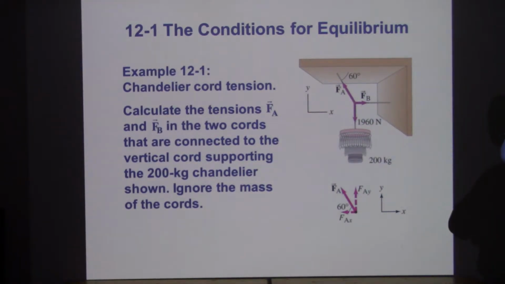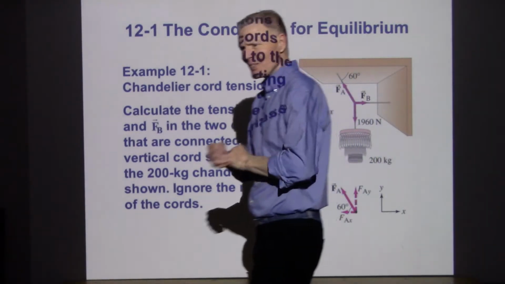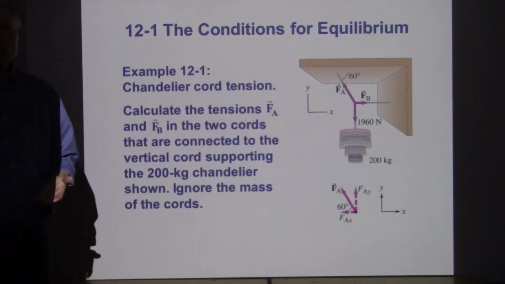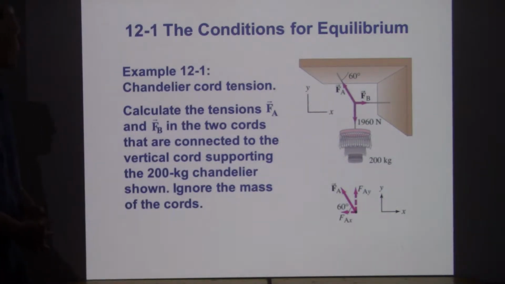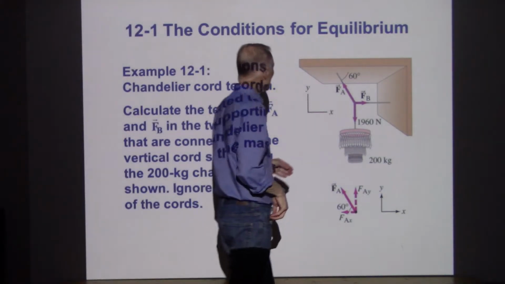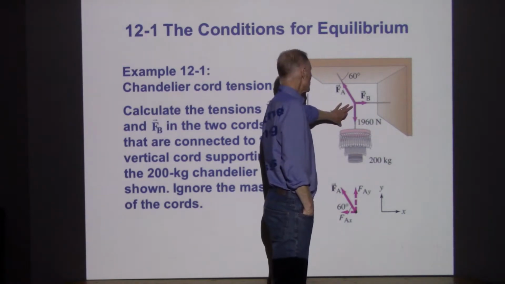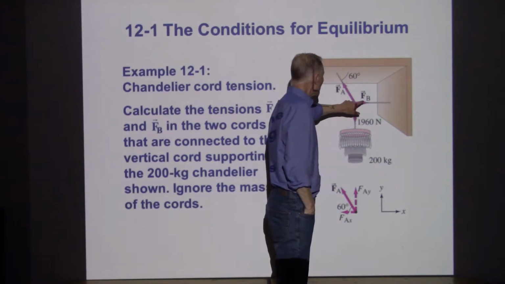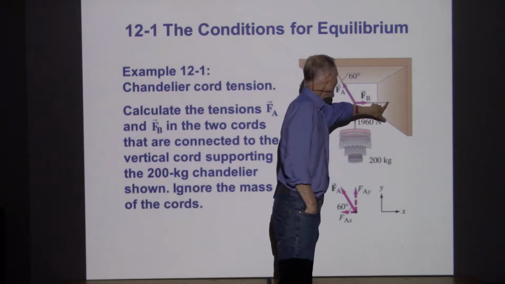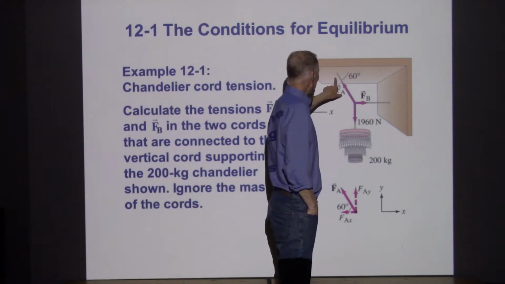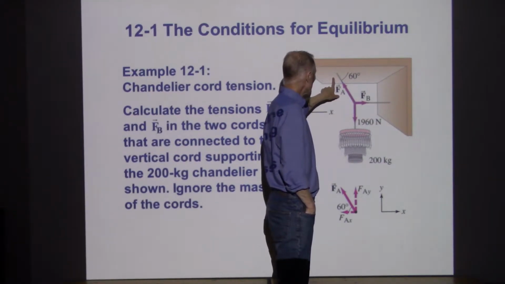Now it says the chandelier is 200 kilograms, and you go, wow, 200 kilograms, that's a lot, you know? It's like more than 400 pounds of chandelier that we're looking at. And so these cables are going to have to be sturdy. Now this cable is just kind of pulling everything to the side. I feel like maybe this one is doing most of the support work.